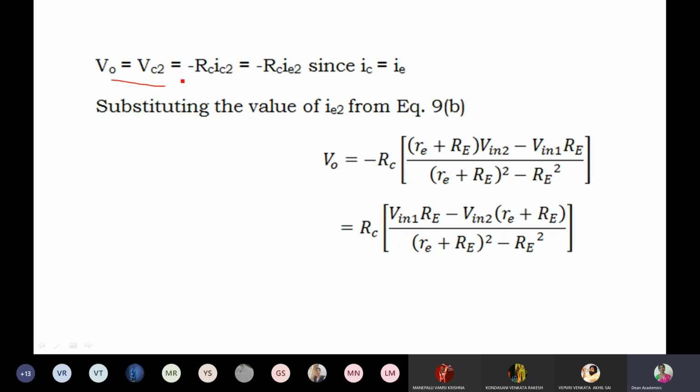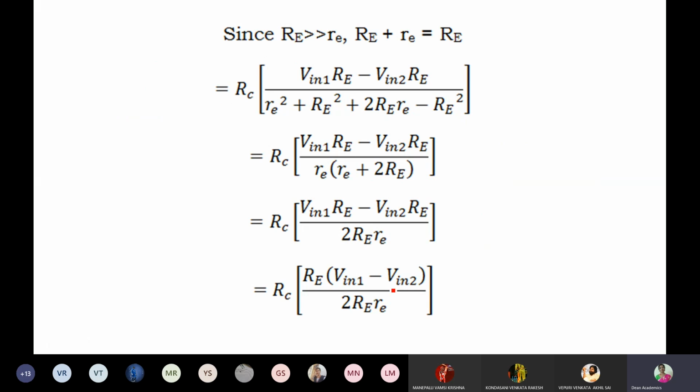Yesterday I have spent sufficient time on that. Okay. So V0 is equal to VC2, which is equal to minus RC IC2, and IC is IE. Therefore, IE2 expression we have substituted from equation 9b, and in place of IC2 you have written IE2, and you have taken this negative sign inside the brackets, and we have rearranged this expression, and with some assumptions like capital RE plus small re is equal to RA, because capital RE is far far greater than small re.